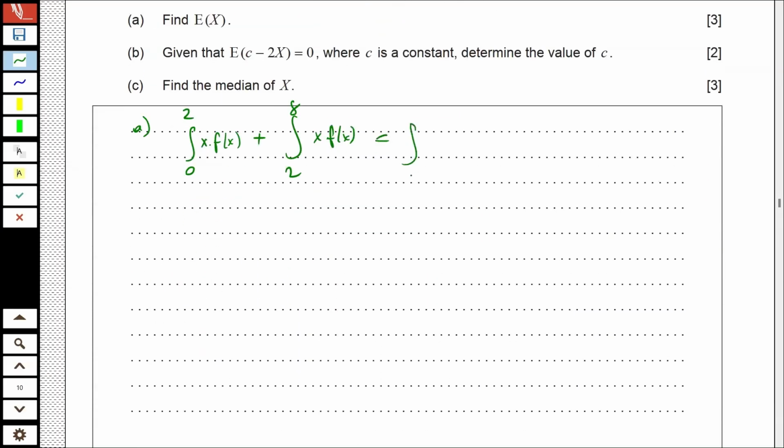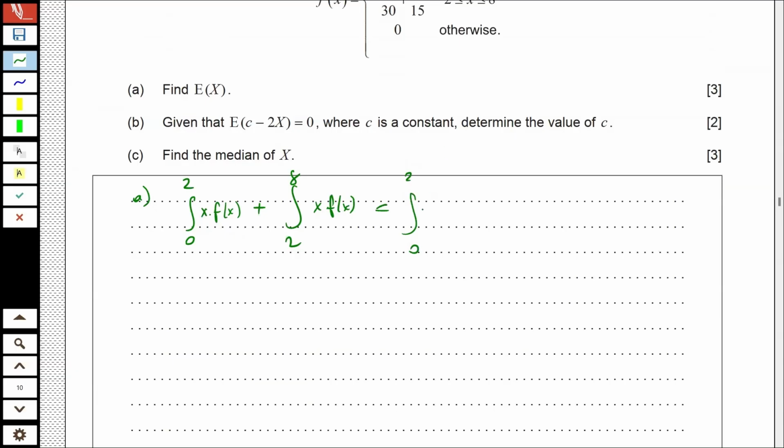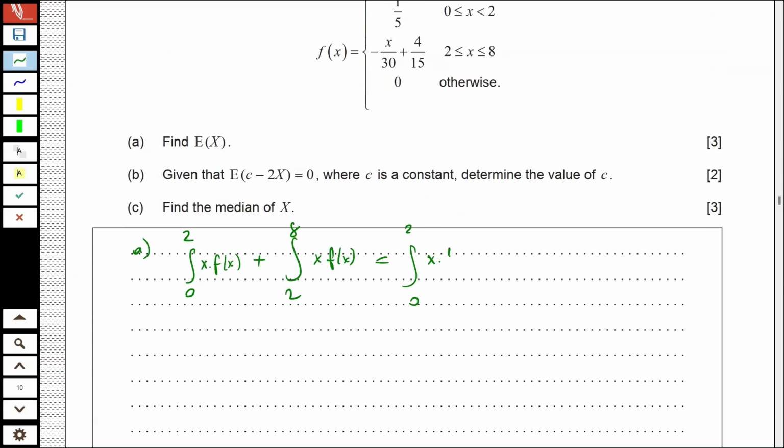In this case, we're looking for x times first the function 1 over 5. Don't forget to write the x here. From 2 to 8, x times minus x over 30 plus 4 over 15. Let's find this.